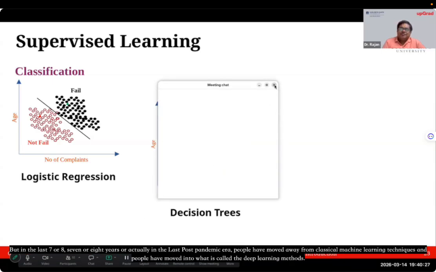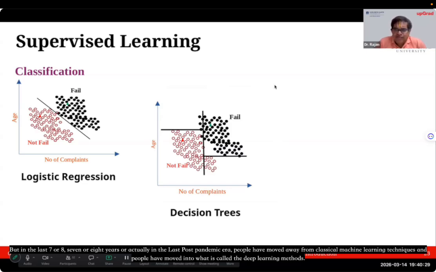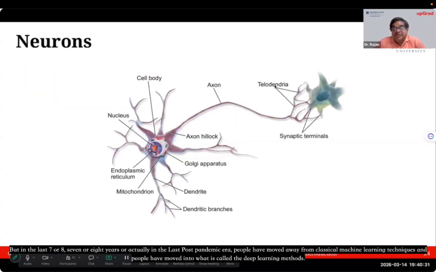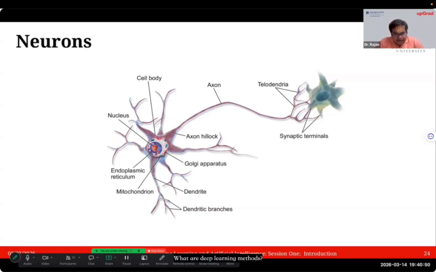But in the last 7 or 8 years, or actually in the post-pandemic era, people have moved away from classical machine learning techniques, and people have moved into what is called the deep learning methods. What are deep learning methods?